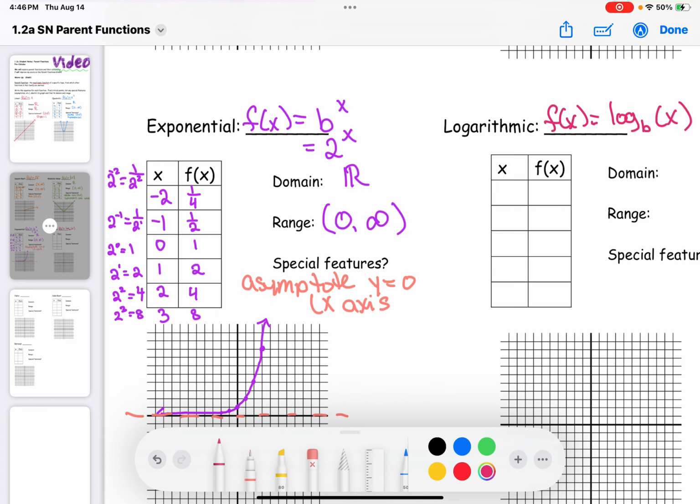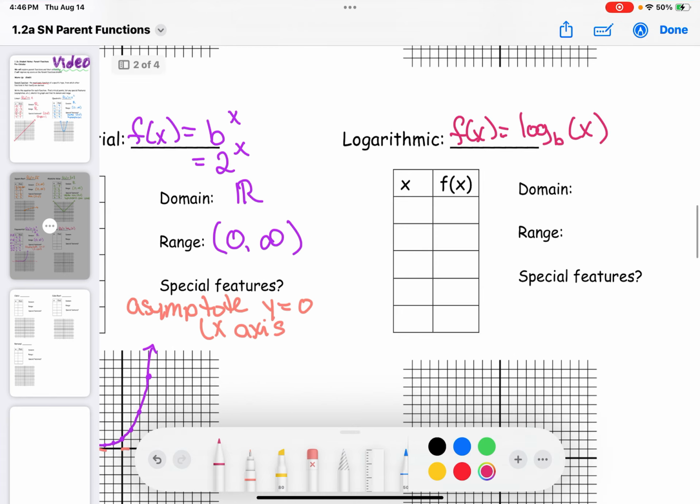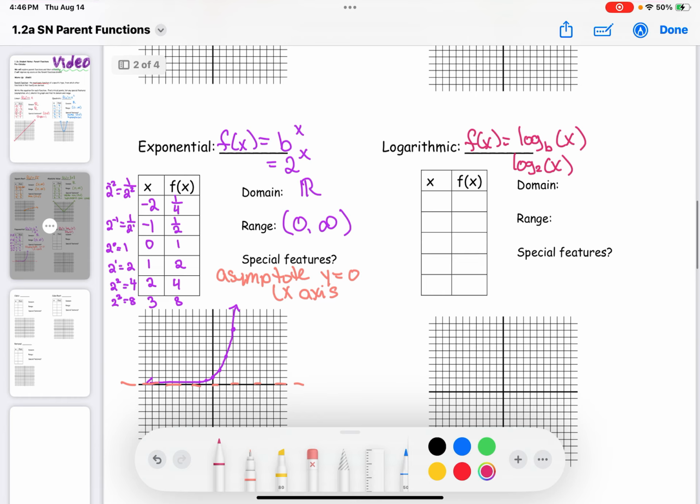If we use log base 2 of x, it's the exact inverse of the exponential function.